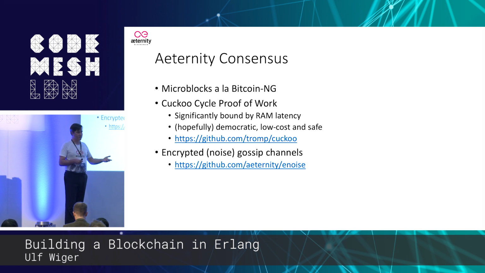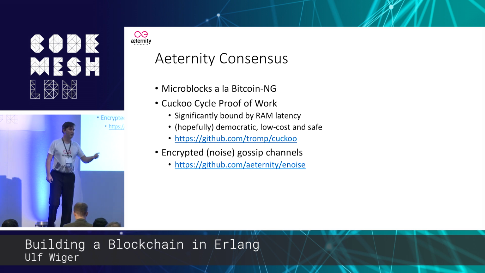Nowadays, it's hard to make money mining as a sole user in Bitcoin, because using a GPU, for example, is not cost effective. You're spending more money on electricity than you're gaining in miner fees. So the cuckoo cycle is hopefully a simple and more democratic mining algorithm.